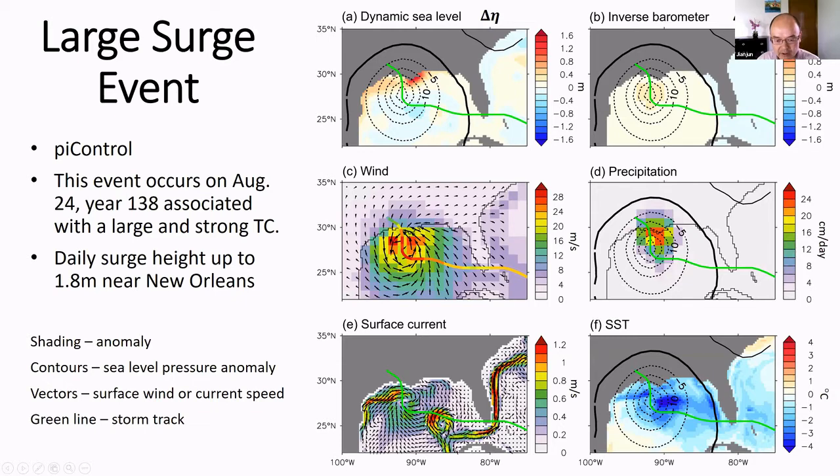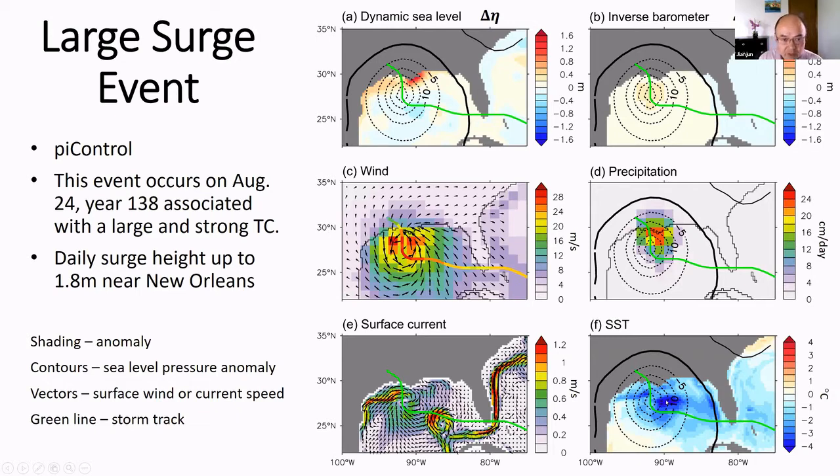There's an eddy right here, and also the Florida current and the Gulf Stream. The current is jet-like in the CM4 simulation. Panel F shows the SST anomaly associated with the cool wake after the storm propagation.